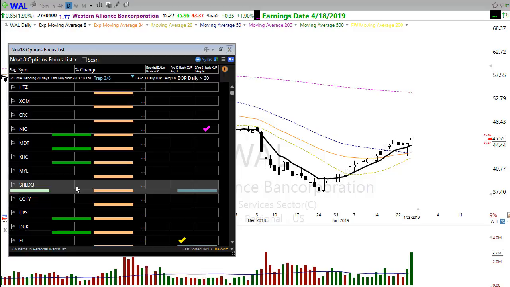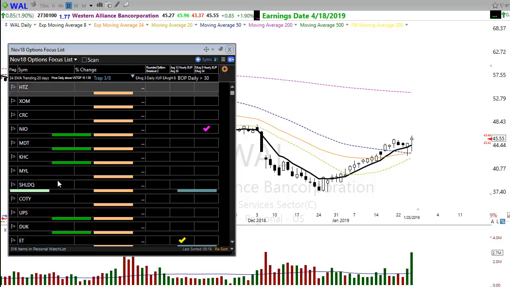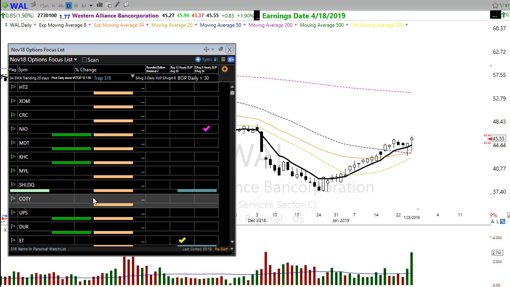These are stocks that fit you for price. They fit you for volume. We know these stocks come from the CBOE list, so we know these stocks have a very high probability of really good options listed on them.